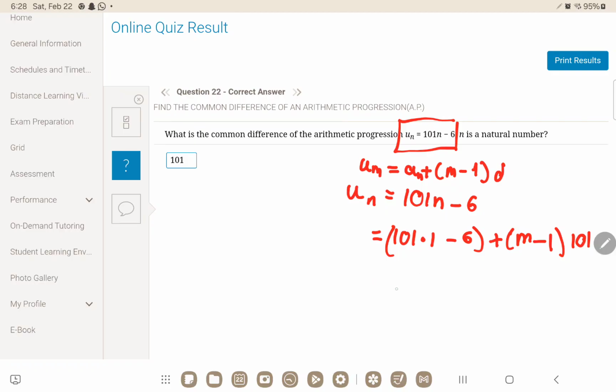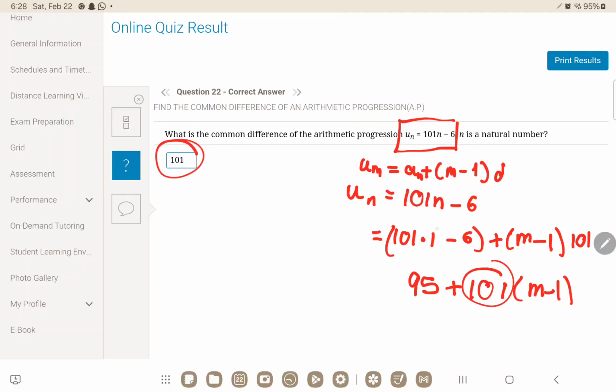Then when you simplify, you get that u_n, or a_n as we used it, is 95 plus 101 into m minus 1, which is practically the same formula, but we put the common difference before the brackets. So your common difference is 101.